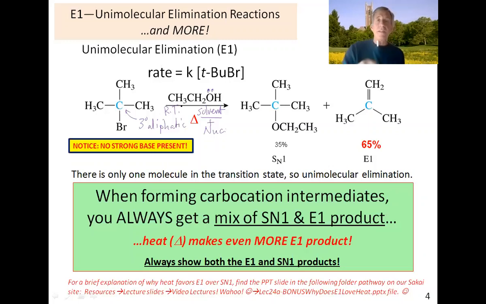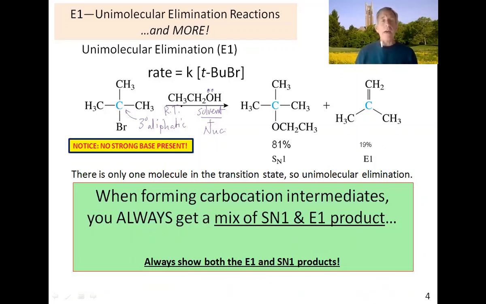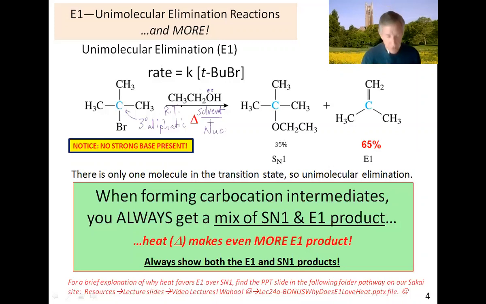So I will use a delta symbol when I want you to show me the E1 product is the major product, and I will remove the delta symbol if I want you to show me the SN1 is the major product. It's very subtle. Be on the lookout for this delta symbol, which represents heat. Okay? And the heat causes it to form E1.